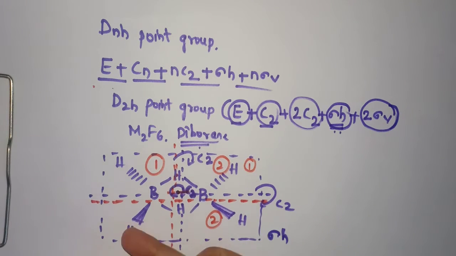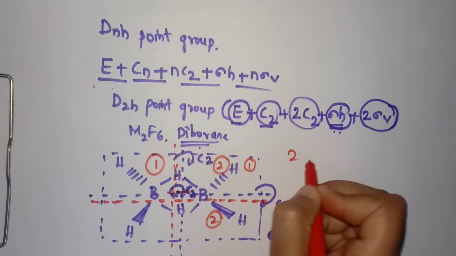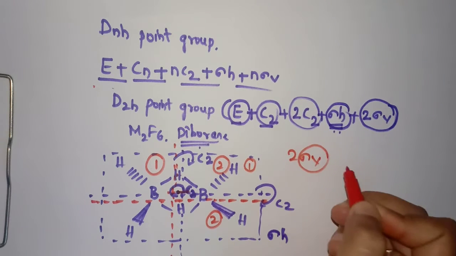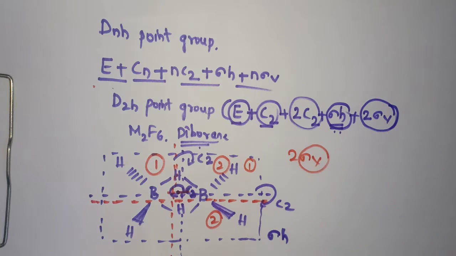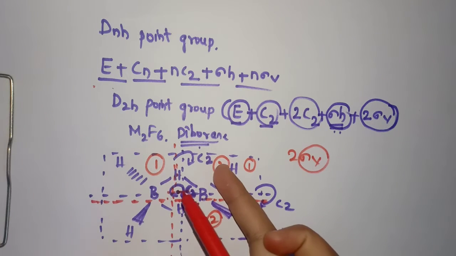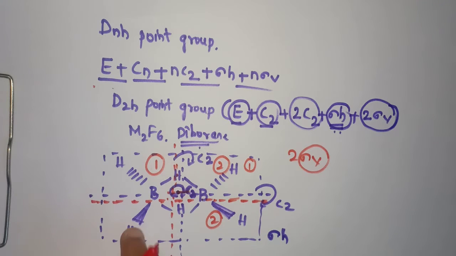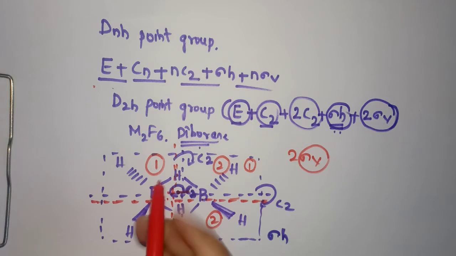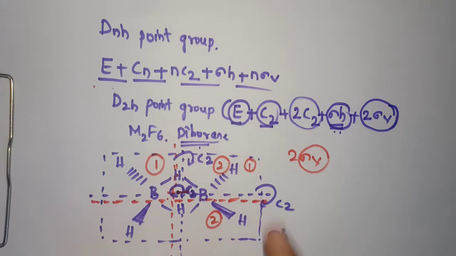These two are the mirror images of these hydrogens. So we have got 2 sigma v. If we find one sigma v, then another sigma v is also present. See here, we are passing an axis like this and these two hydrogens are the mirror images of these two hydrogens. So I have bisected the molecule into two equal halves exactly.